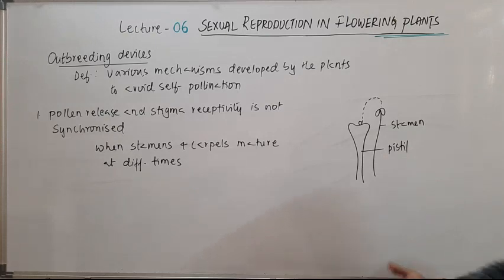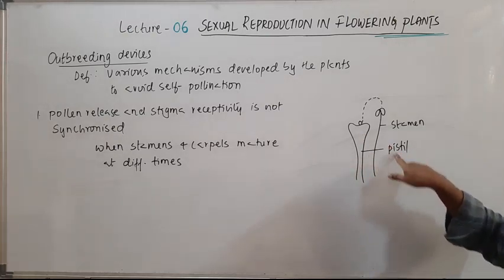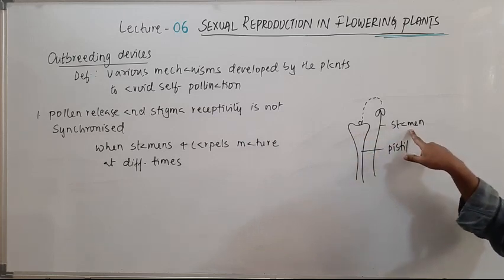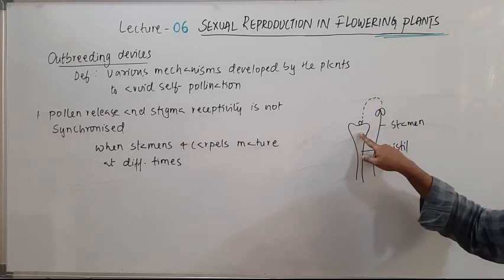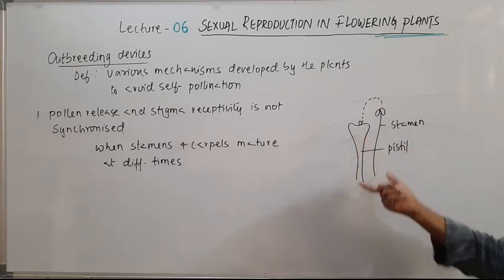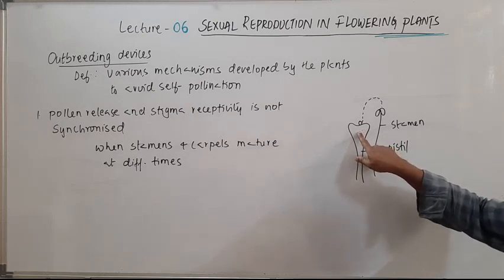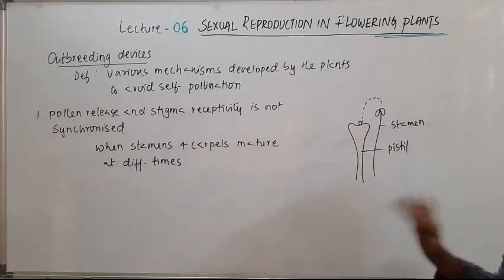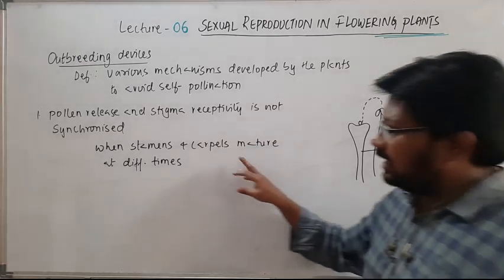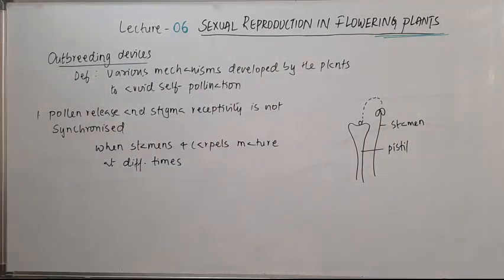Or vice versa can also happen. But in this case, if this pistil does not mature but stamens have matured and the pollens have been released and fallen on the stigma of that pistil, then there is no chance of the pollen germination on this stigma. So hence in this case, this will completely avoid the process of self-pollination. So that's what we say, when stamens and carpels mature at different times, right?